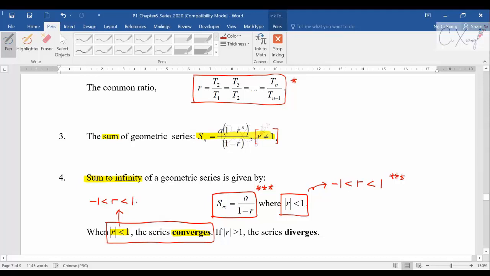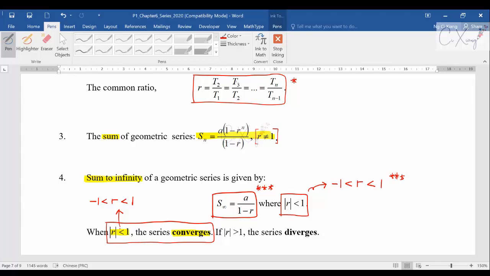If, let's say, modulus R is greater than 1, it is the opposite way. That means we call it a divergent series. So we call the geometric series convergent when modulus R is smaller than 1. All these are some important formulas for the geometric series.